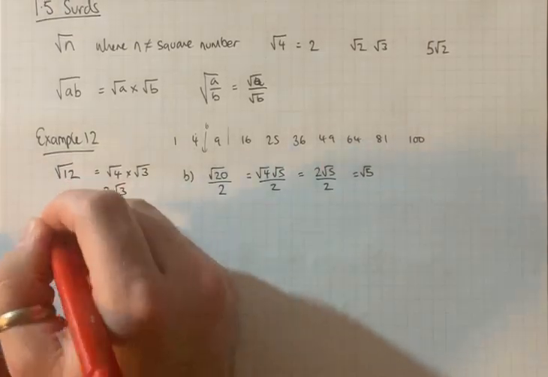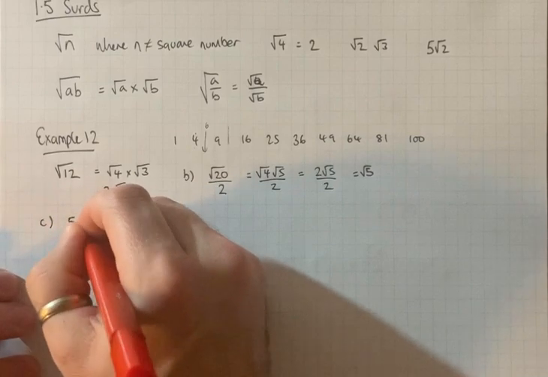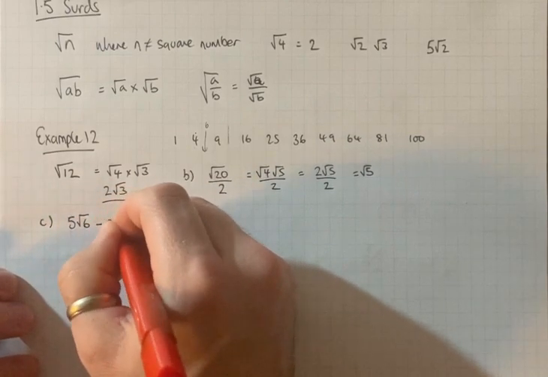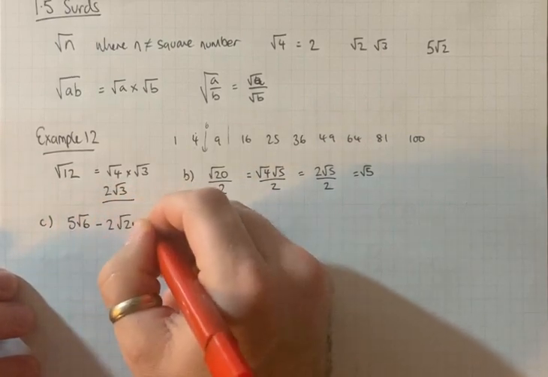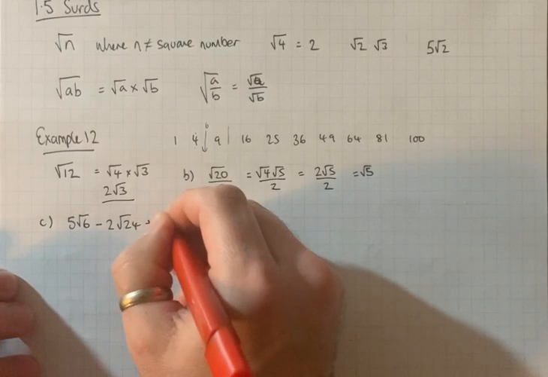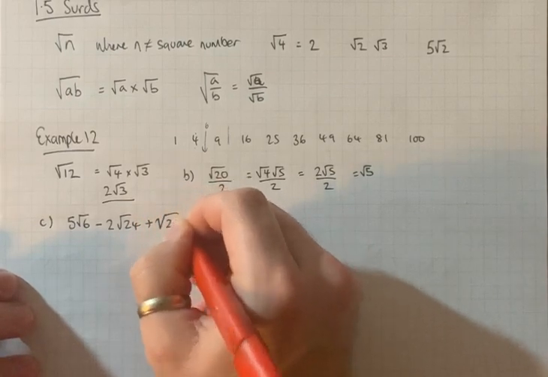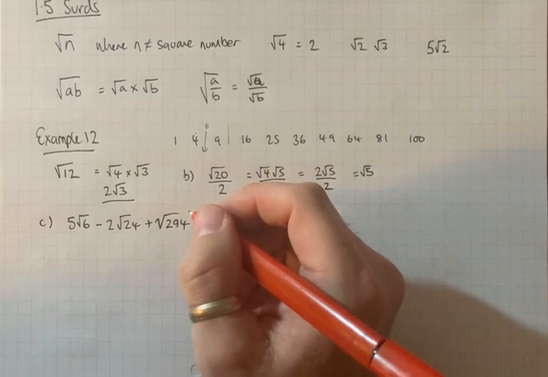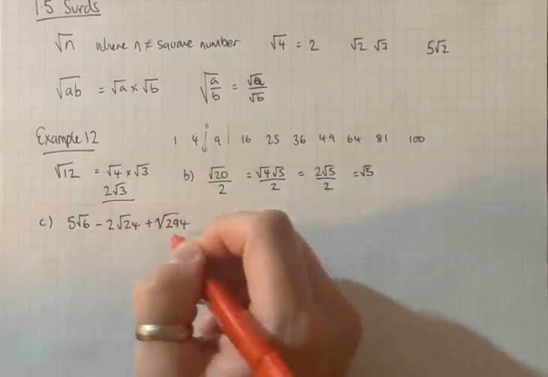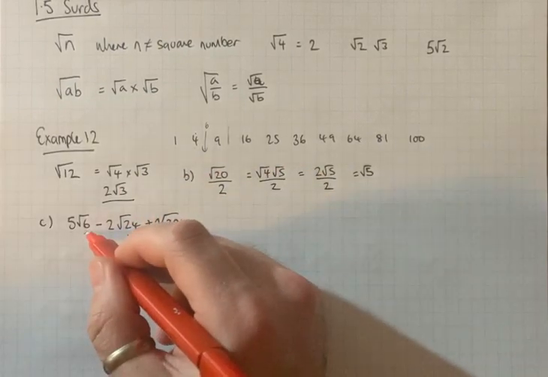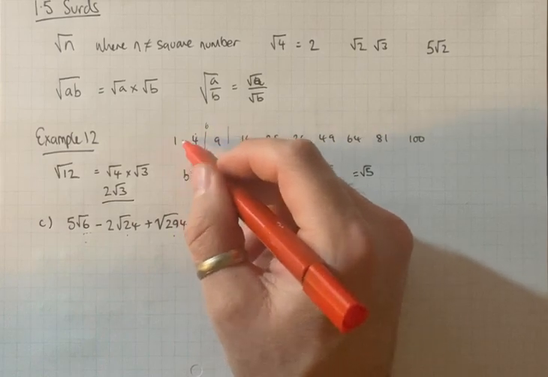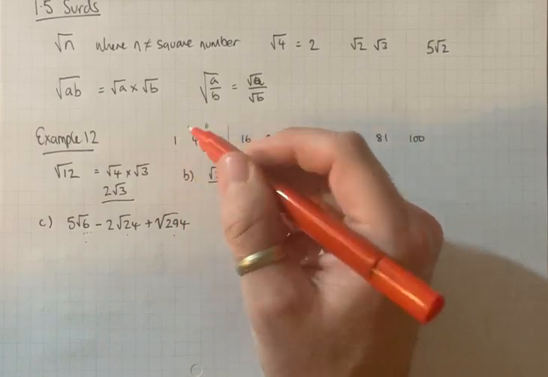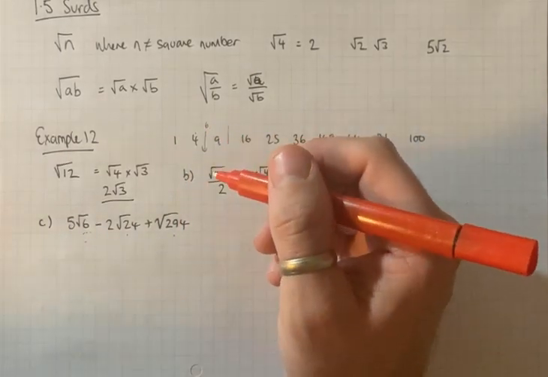C, this is an interesting one. We've got 5 root 6 minus 2 root 24 plus root 294, sorry. Okay, so let's start off by simplifying each of the surds. 6 over 2 is 3. The only square number that fits into it is 1, so it doesn't simplify.